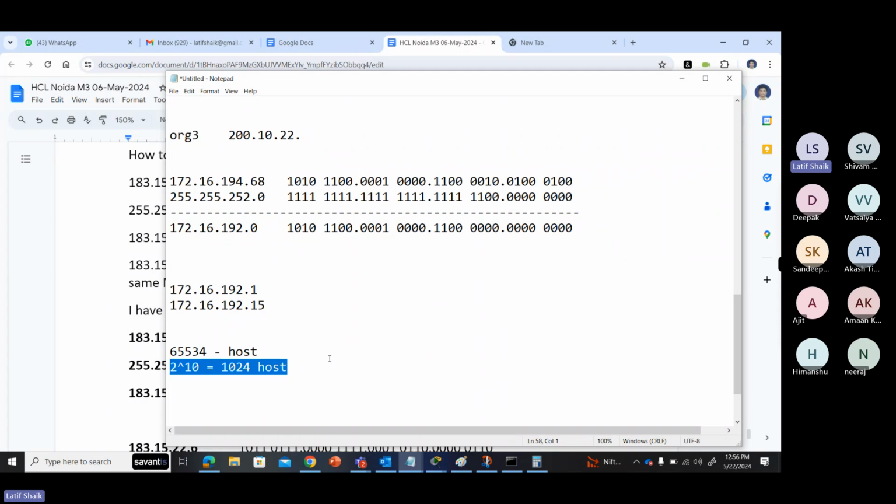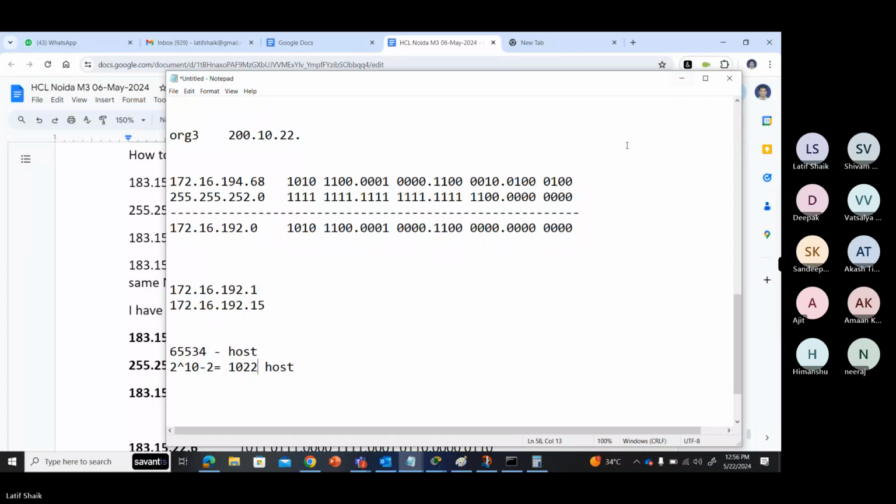Why? Because it is based on the number of people working in my organization. I saw this 5 years back: there were only 500 systems. Then it increased because laptops and mobiles increased, so our administrator increased the network size. So per network, the number of hosts is only 1022.